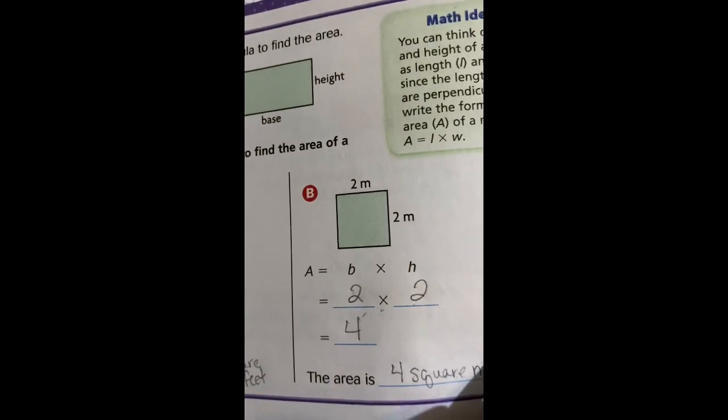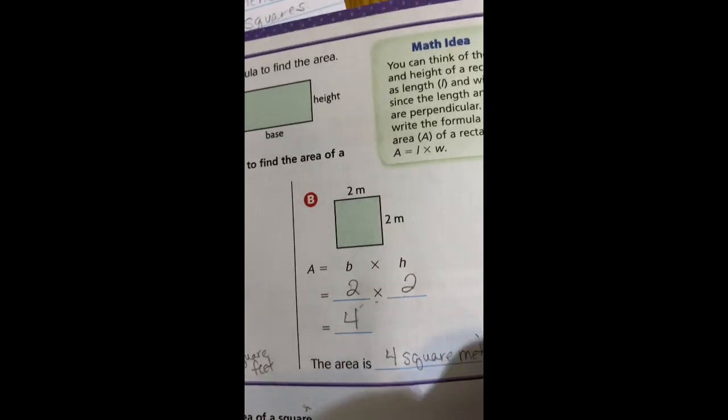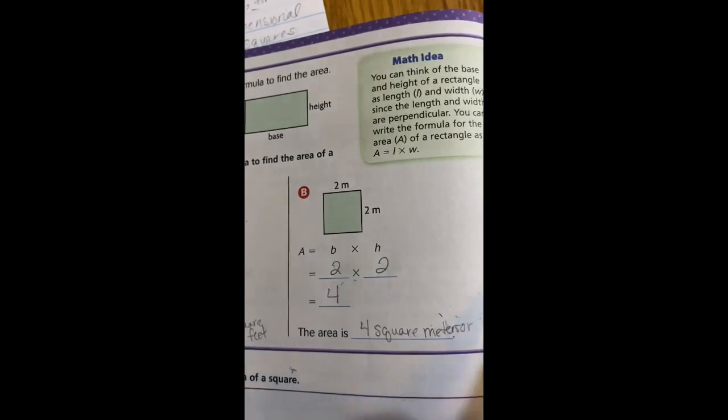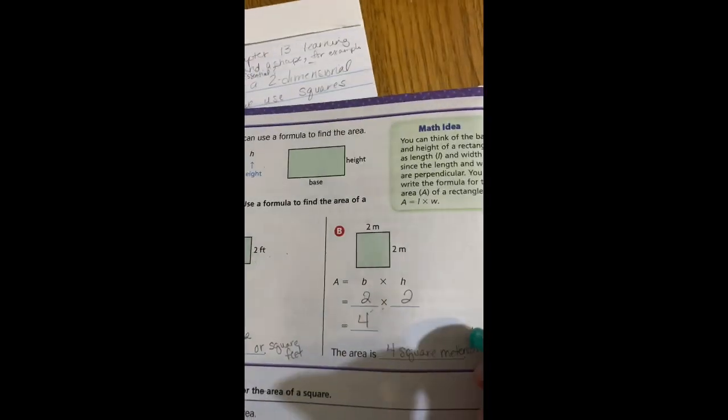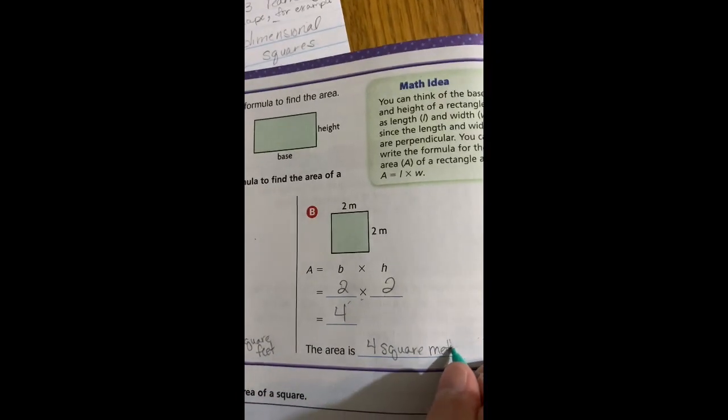Because I will tell you, if you don't label it square feet when it's area, or like this, then I will remind you it has to be square feet. Or actually, it's meters on this one. You can do just the little symbol for meters with the little 2.